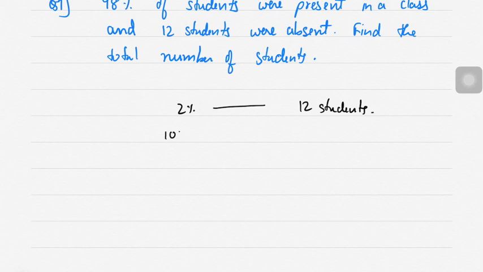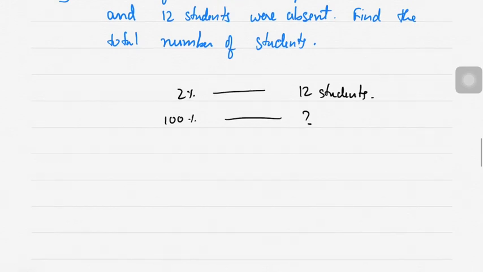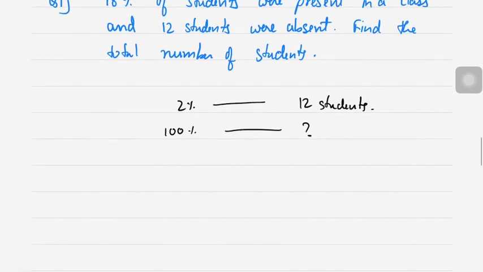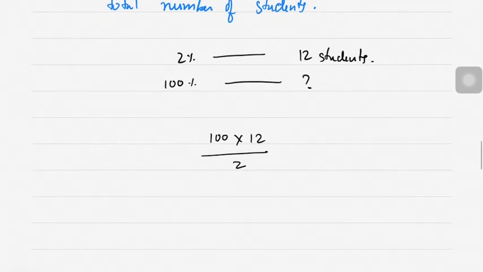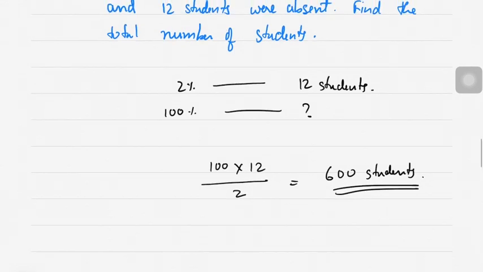That means you have to find 100%. Correct? If 2% is 12, how much is 100? So what you will do? 100 into 12 divided by 2. So you will get, I think, 600. 600 students. Correct?